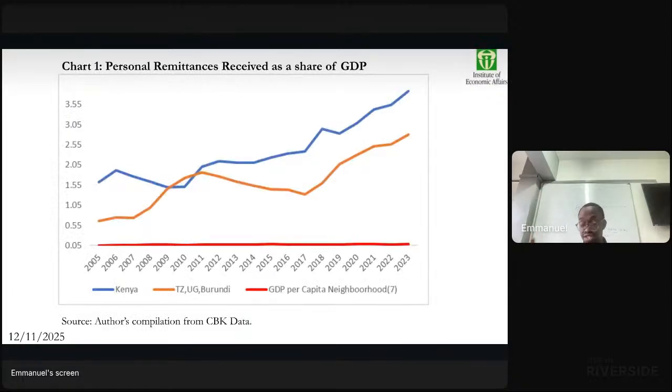The countries in Kenya's GDP per capita neighborhood seem to be performing better; you could interpret this as saying either they sent fewer people abroad than Kenya did as a share of their GDP, or their emigrants were sending less money home.